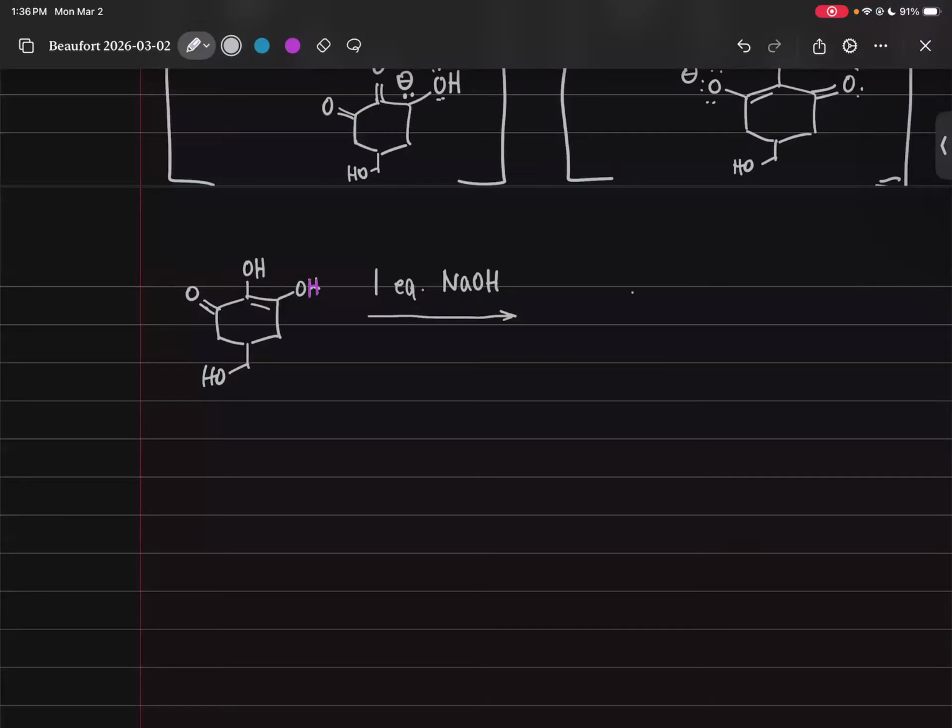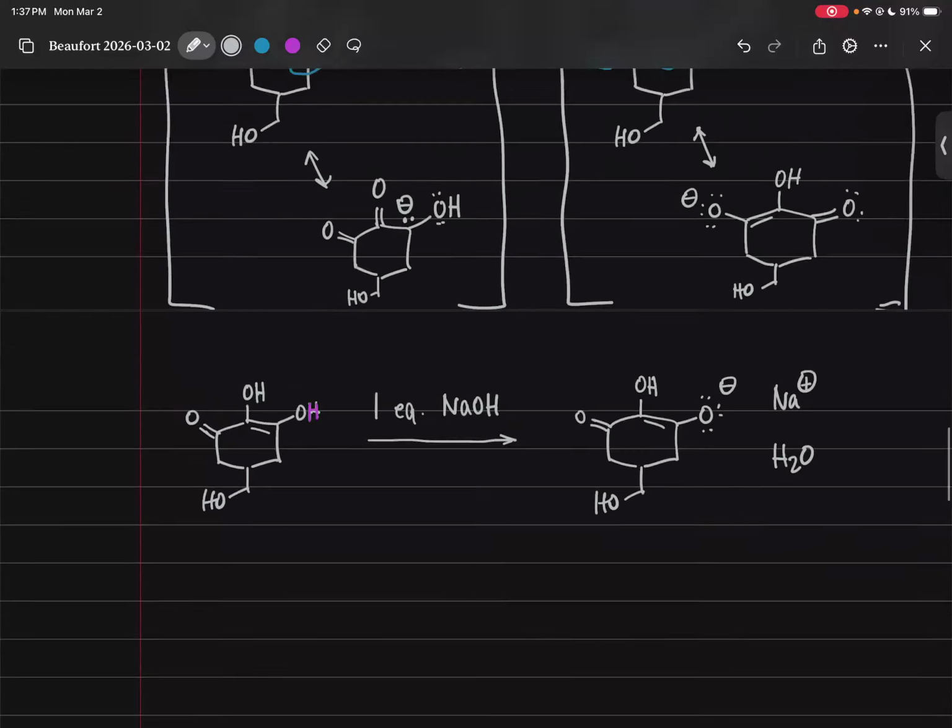So we're going to get the conjugate base where that proton is removed, sodium plus, and then water as a side product.